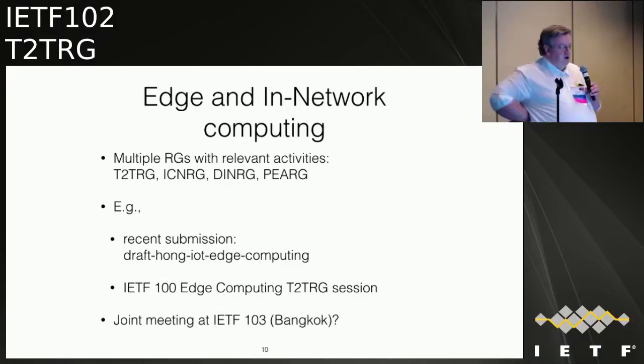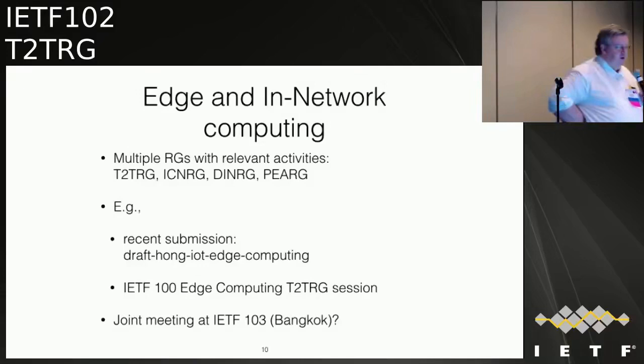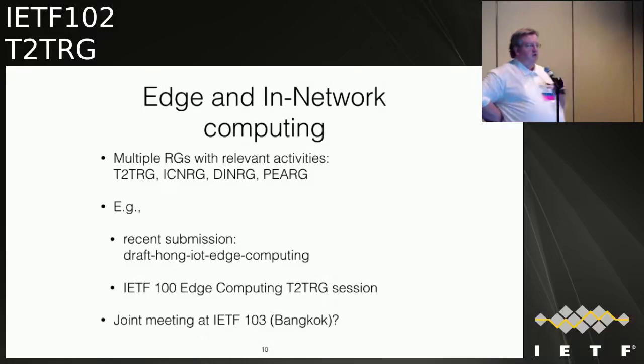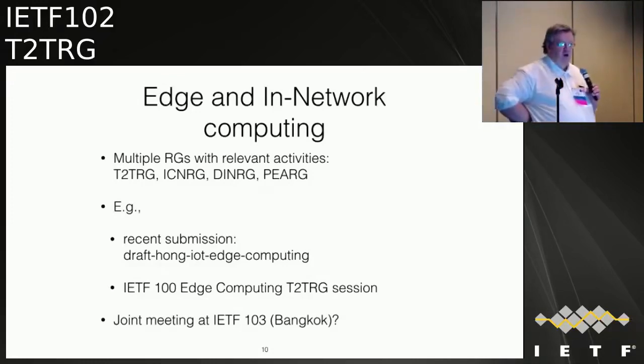So let's talk about edge and in-network computing. So the general observation is that much of the computing has moved to data centers these days, but this is not necessarily appropriate for all kinds of computing that we want to do. So people are working on locating computing resources at the edge, near the devices, which in our case would be IoT devices, and in the network in some form.